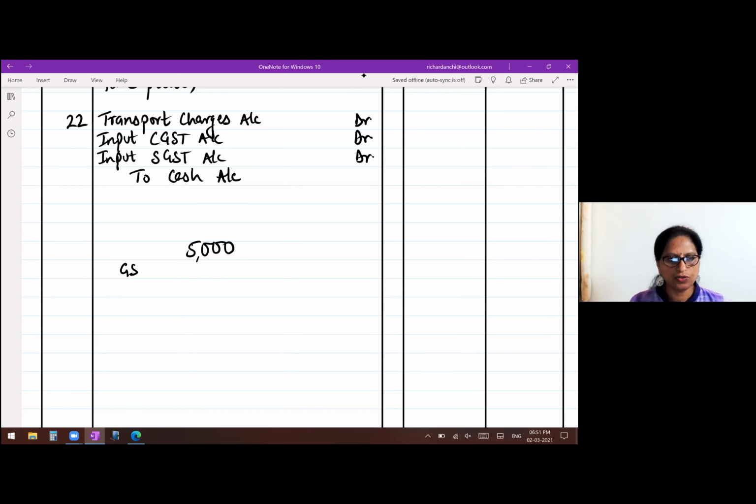It's 5%. So, 5,000 into 5%, that amounts to 250. So, now this 250 has to be split into CGST and SGST. So, it will become 125 each. So you have to add it in the transport charges and the total has to be paid.